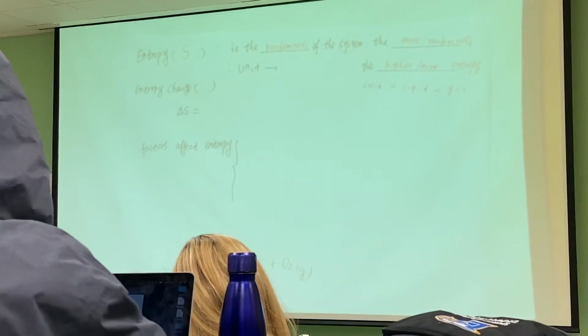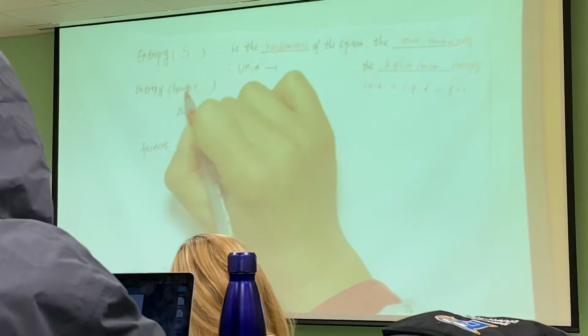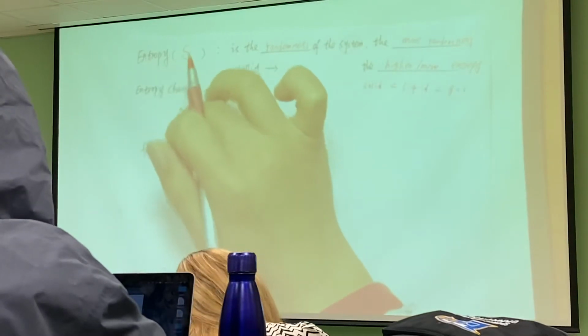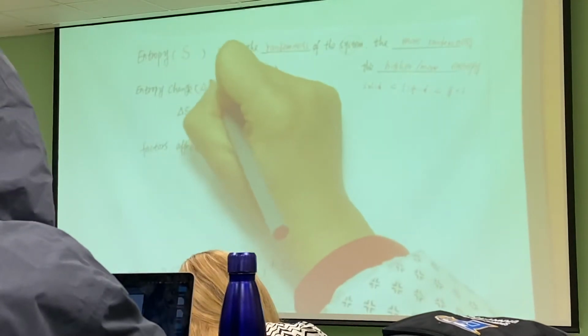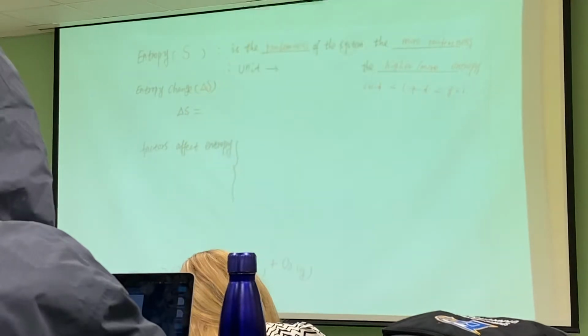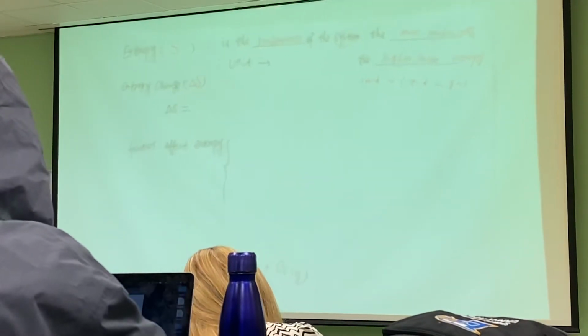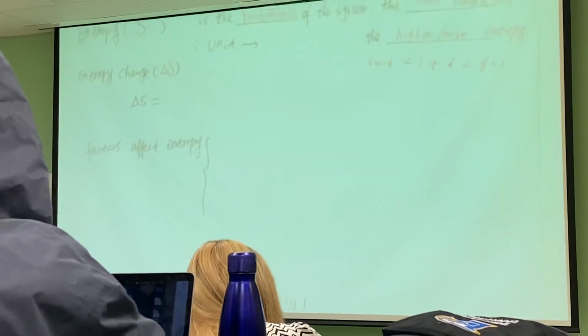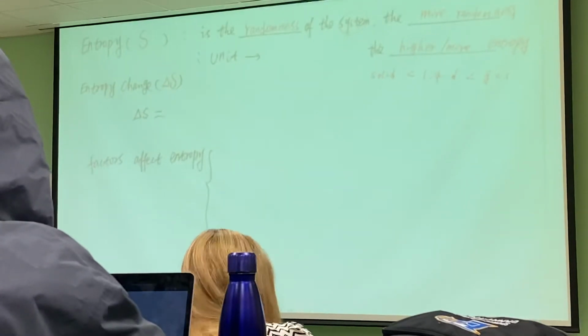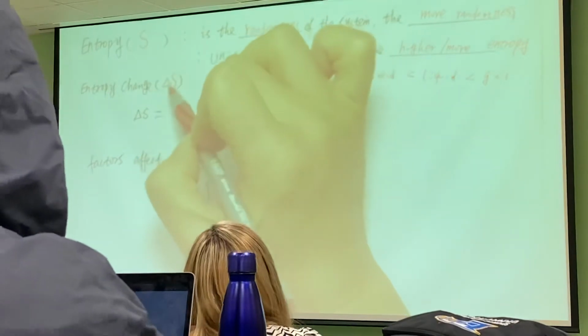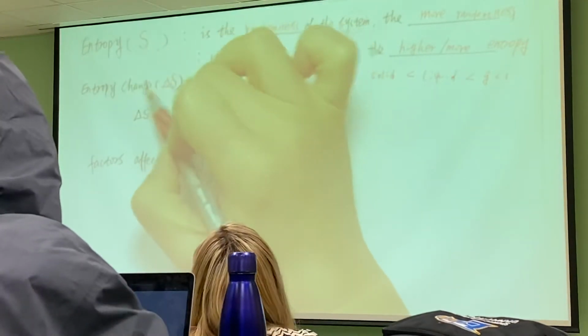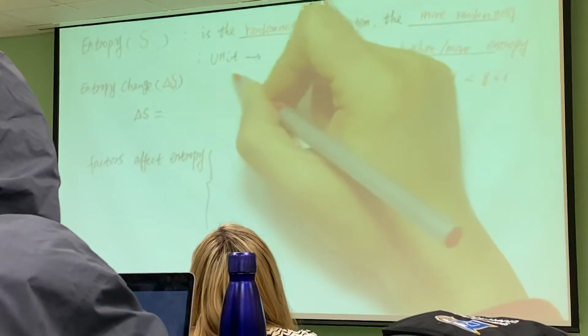Okay? So then we have entropy change, similar to enthalpy change. So for entropy change, you can use delta S. Right? For something that changes, we always use delta. And both the entropy and entropy change have the same unit.